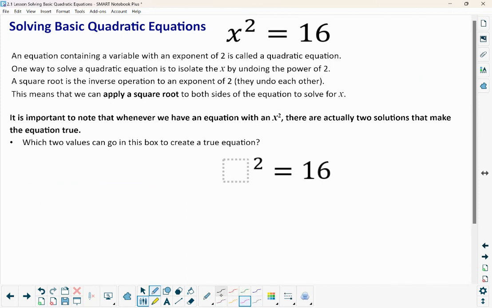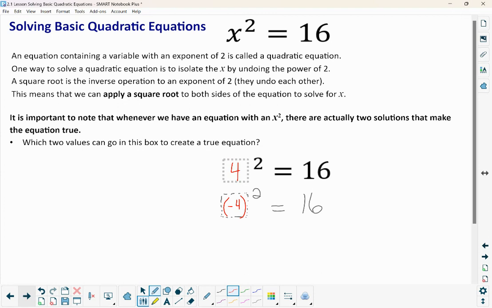In this case, the first obvious solution is 4, because definitely 4 squared gives me 16. But there is a second solution: if I take the number -4 and square it, I also get 16.